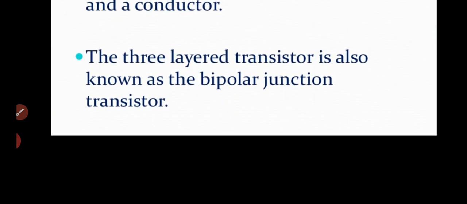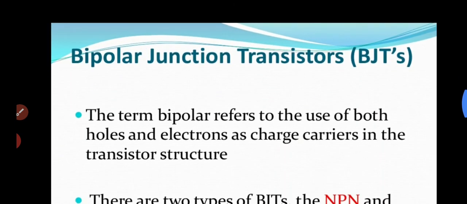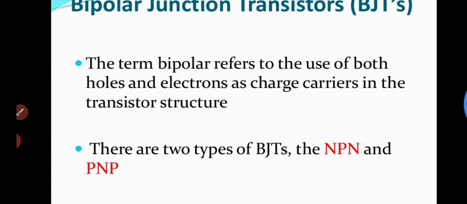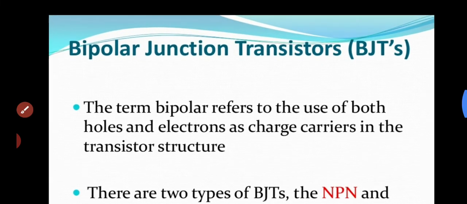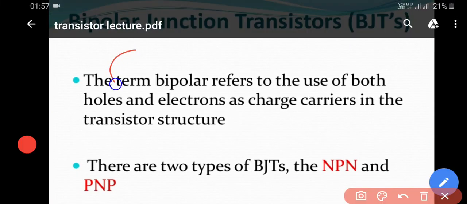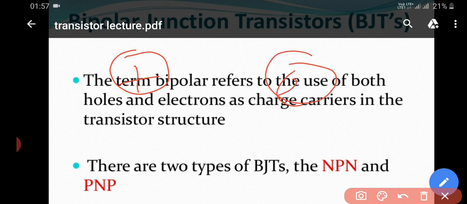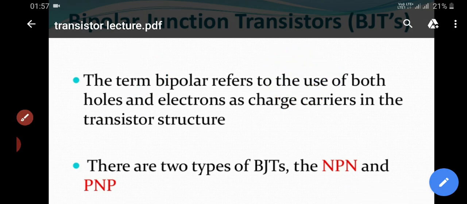The three-layered transistor is also known as BJT, bipolar junction transistor. BJT uses both holes and electrons as charge carriers in transistor structures. Holes are positive charge carriers and electrons are negative charge carriers.